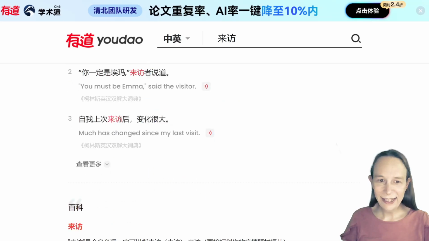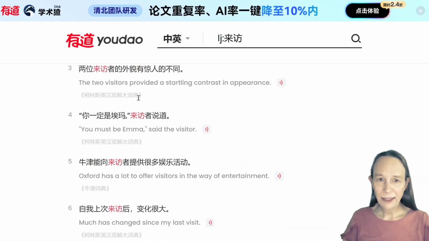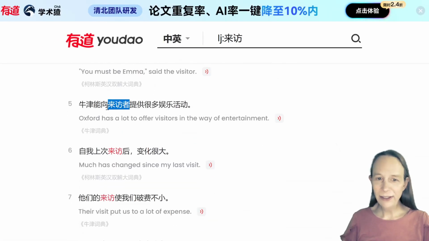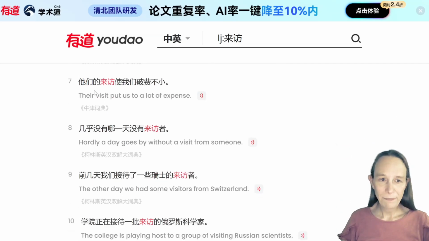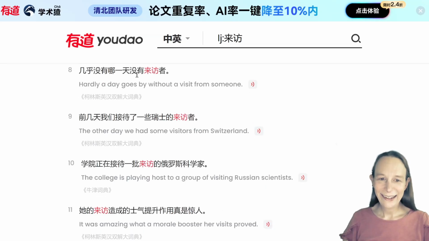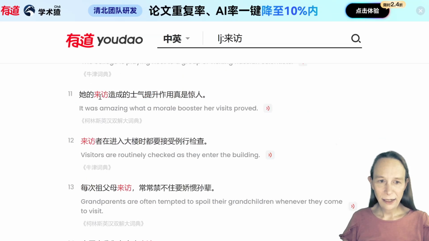The AI is giving us a noun. That's 来访后, that's a verb. 来访者. But if this is a thing, then it's going to be a verb. 他们的来访. Like, here it's a noun. 他们的来访. This is the act of visiting though. 来访, 一批来访的俄罗斯科学家.